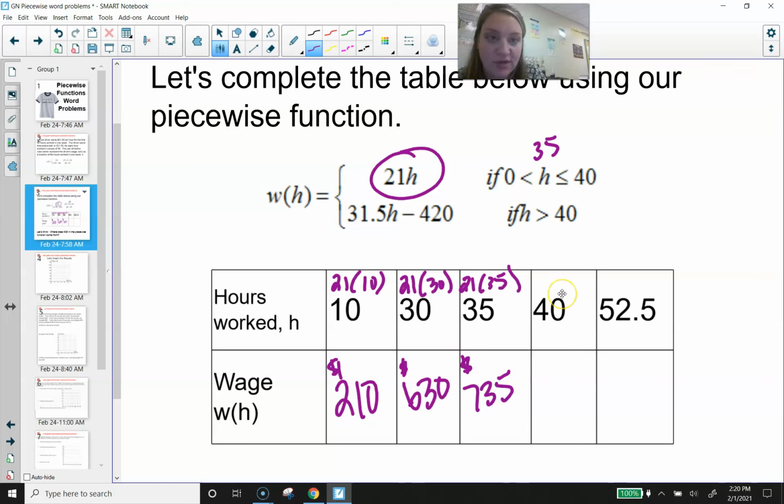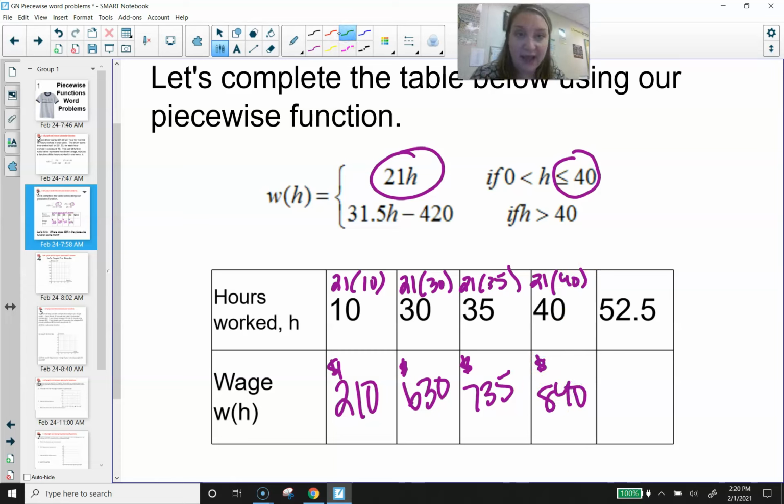Next, we have H equals 40. So notice they both have 40 in their domain restrictions, but the first one's allowed to be equal to 40, right? So we're going to plug it into the top equation again. So 21 times 40 gives us $840. My last one, 52.5 hours, that is bigger, right, than 40 hours.